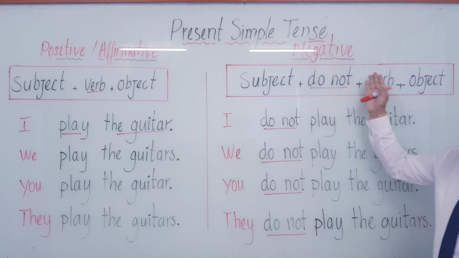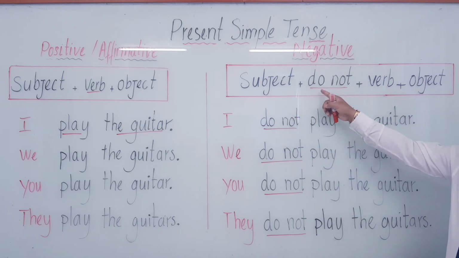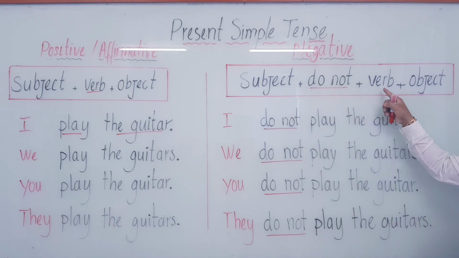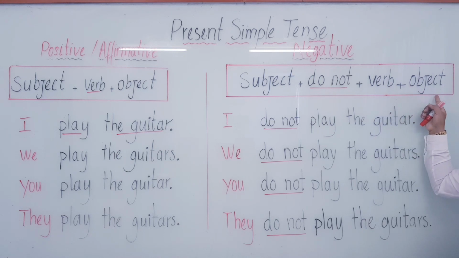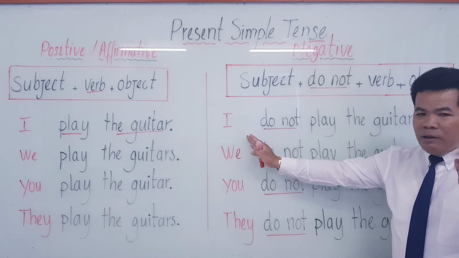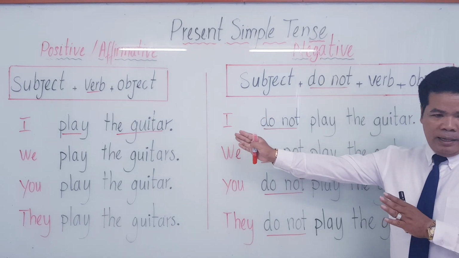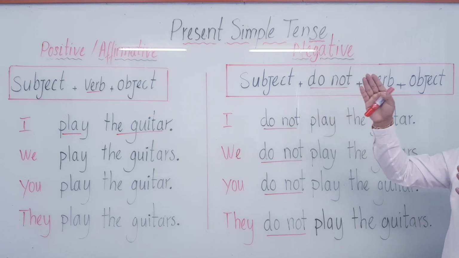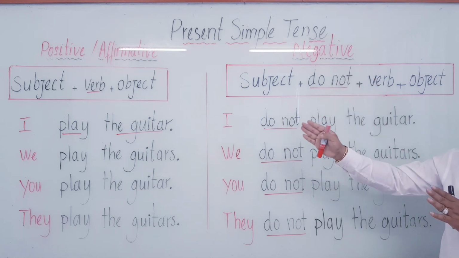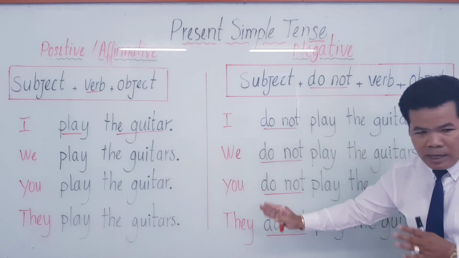Inside the negative form, we make it by using subject plus do not plus verb plus object. For the subject, I normally use only 4, the same as positive, to make it clear. Do not focus on he, she, or it, but just focus on I, we, you, and they.